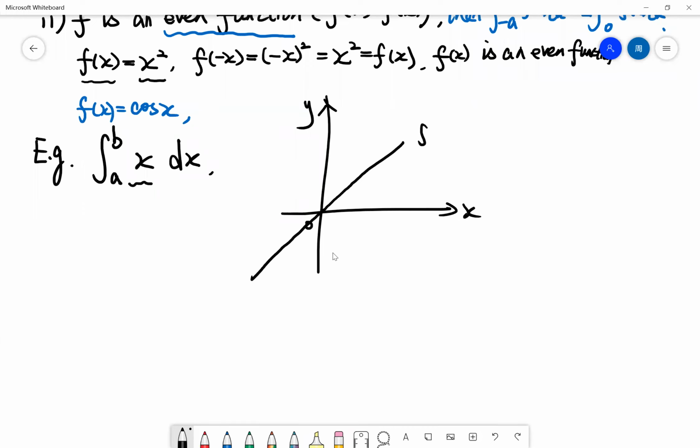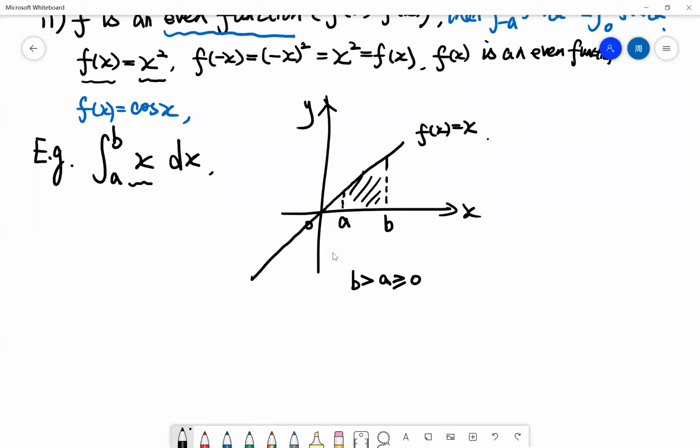So here that is f of x equals x. And then if a, of course, b is larger than a, larger than or equal to 0, so you will know it is a maybe, and it is b maybe. And the definite integral here means the area of the shadow region, right?